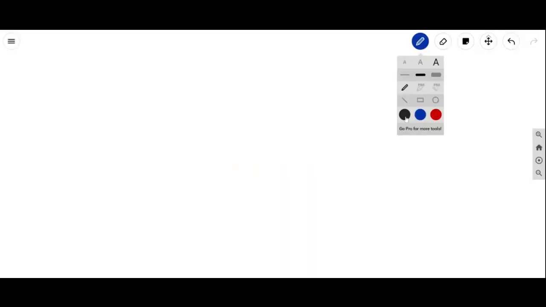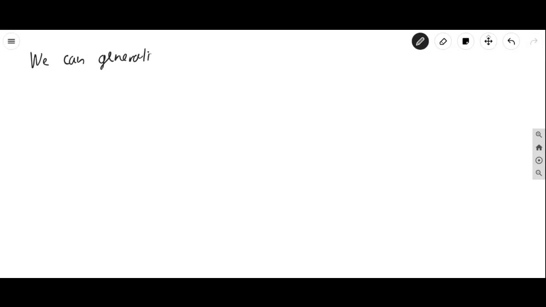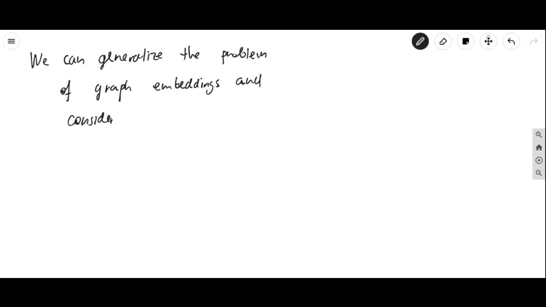Now, what's interesting is one can talk about, so we can generalize the problem of graph embeddings and consider embedding a graph in a different surface.